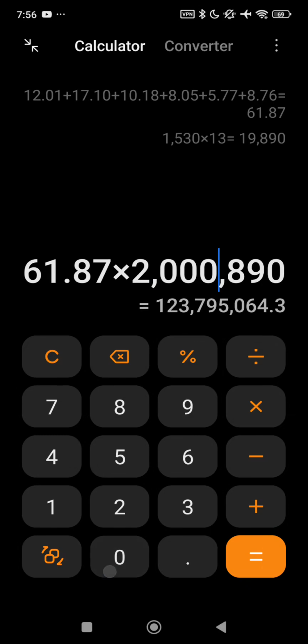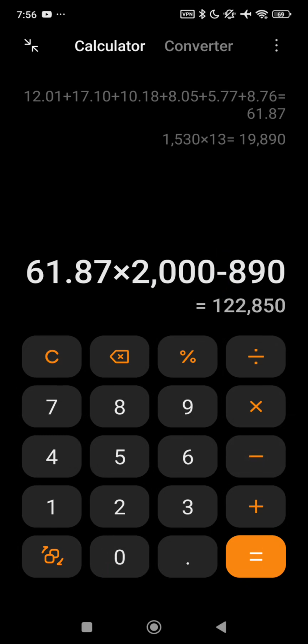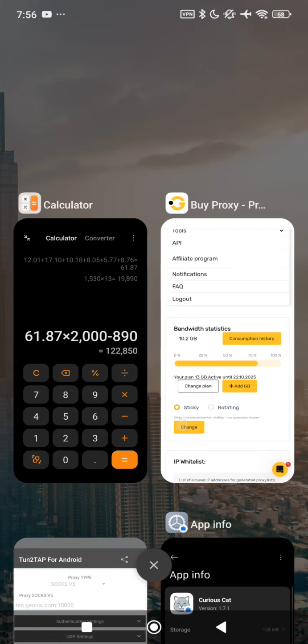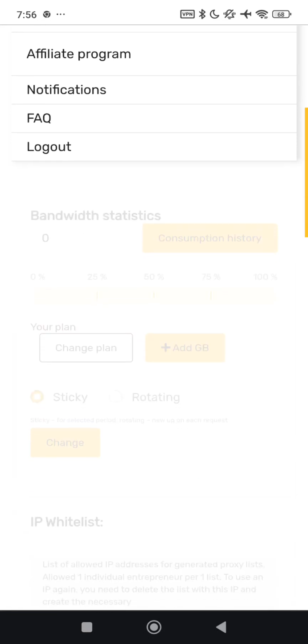Okay, all right. So far I've made about 122,850 using this bandwidth. That's what it means, after how much I've spent so far on the bandwidth.